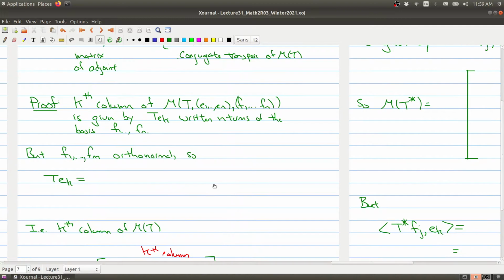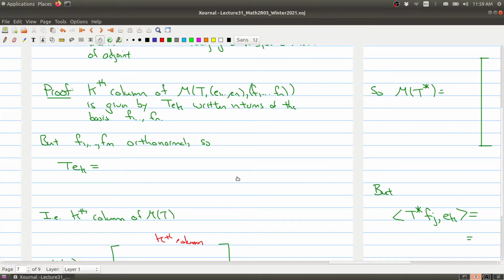Now let's look in detail at what the kth column of the matrix looks like and what the kth row of the matrix of the adjoint looks like. The kth column is given by where the kth basis element gets sent, written in terms of the basis F1 through Fm. And this is where we use the orthonormal property, because this is equal to the inner product of T(Ek) and F1 times the basis vector F1, all the way up to the inner product of T(Ek) and Fm times Fm.